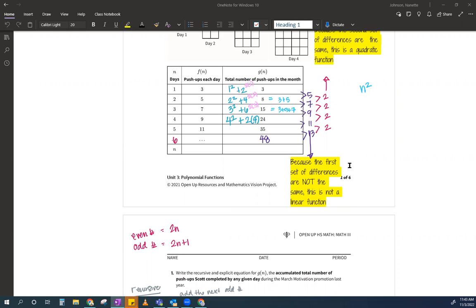So I notice this squared is staying the same. I also notice this 2 times is staying the same. And then I notice this number here, 1, 2, 3, 4, it's changing, but it's also changing together with my number of days. You guys all see that?